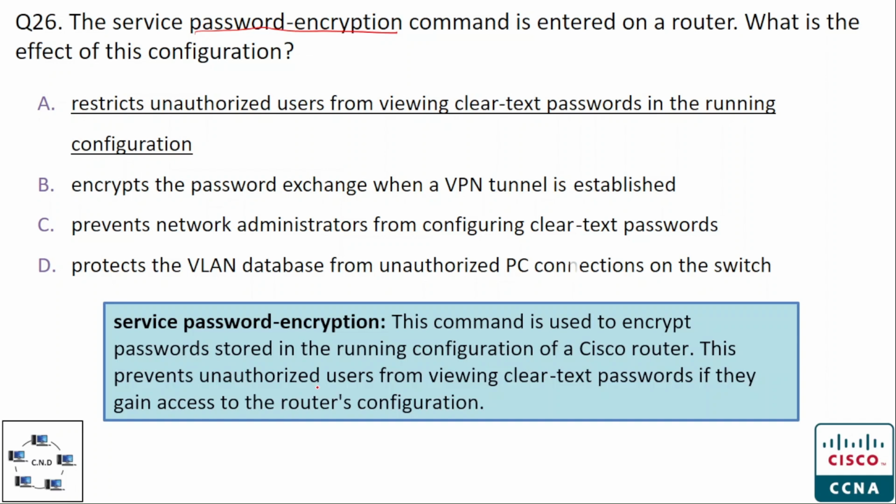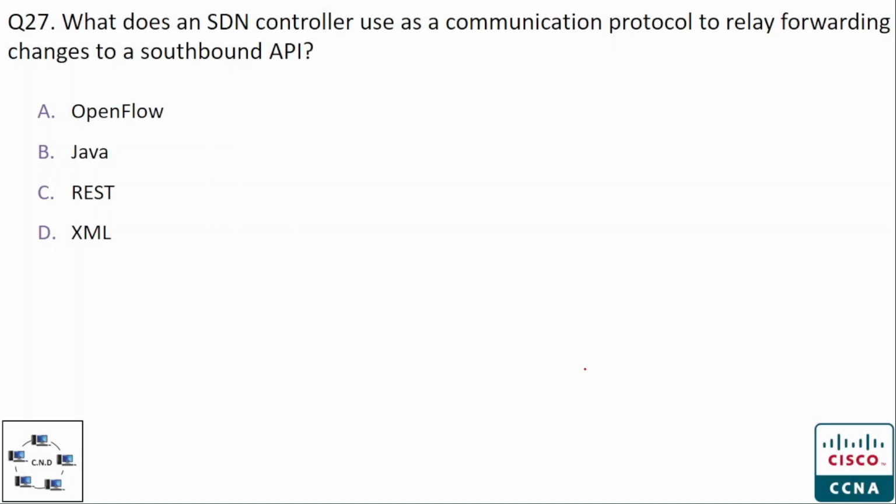This prevents unauthorized users from viewing clear text passwords if they gain access to the router's configuration. What does this mean? That if you see the configuration of the router, the password will not be shown in clear text, rather it will be shown as a garbage entry.